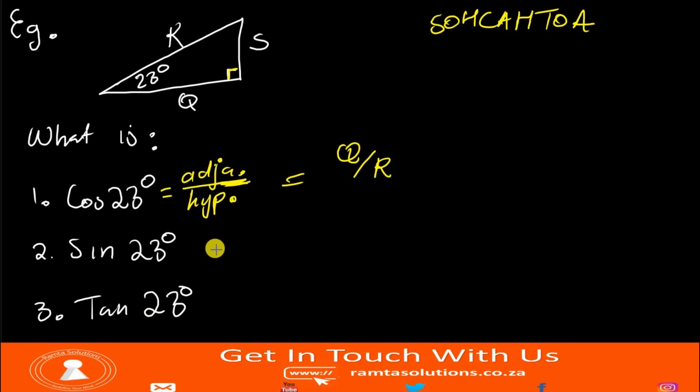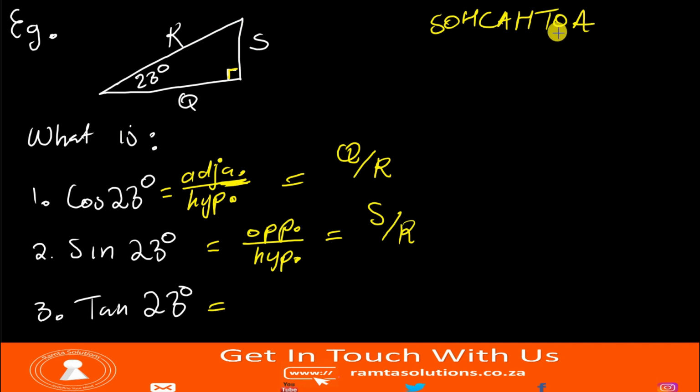Perfect. Now, let's look at sine 23. Sine is opposite over hypotenuse. So which side is opposite the 23 degrees? It's this one here, and we called it S. What is the hypotenuse? It was R. Now, let's then look at tan 23.